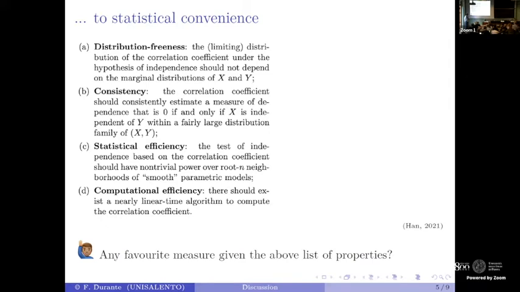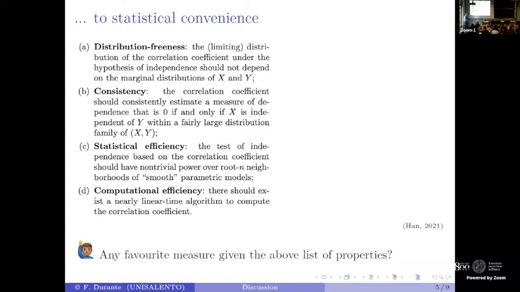So the issue is whether you can have the opposite of this implication for some large family of distributions XY under some specific measure of association. So the issue is in which sense you may try to generalize this to an if and only if condition: measure 0 if and only if independence.